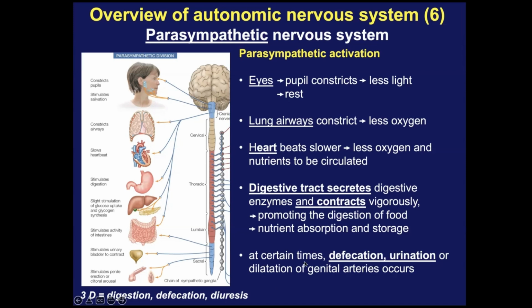At certain times, the defecation, urination, or the dilation of genital arteries can occur when this system is activated.